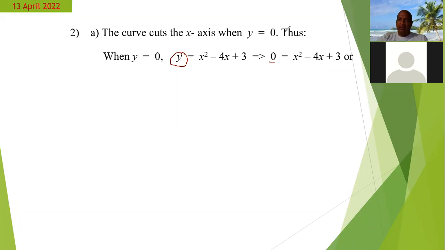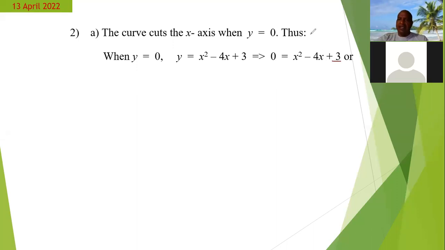All right. Now, to factorize, you would have already known how to factorize a quadratic. In this case, we find 2 factors of 3 which, when we add them, give -4. It's a +3, so the 2 factors can be 2 positives or 2 negatives.